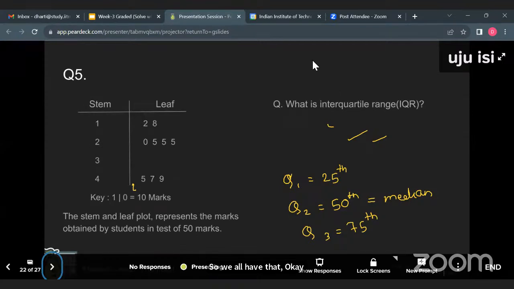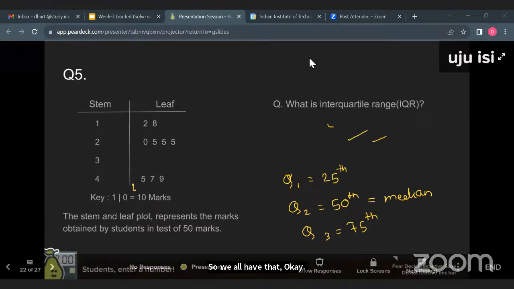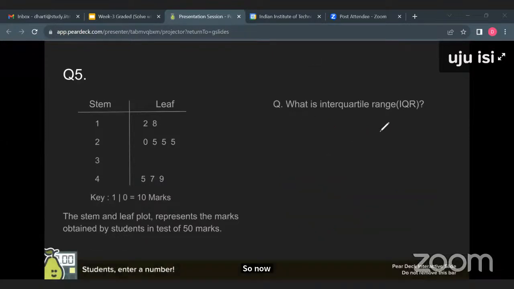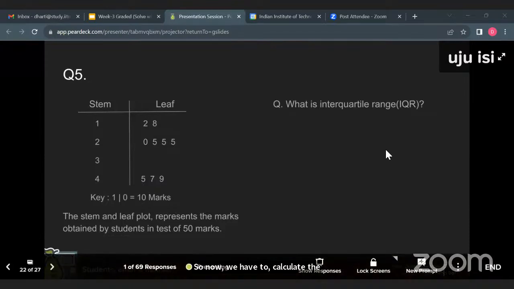Now we have to calculate the interquartile range for the same data. Do you know what the interquartile range is? Yes, ma'am, Q3 minus Q1.